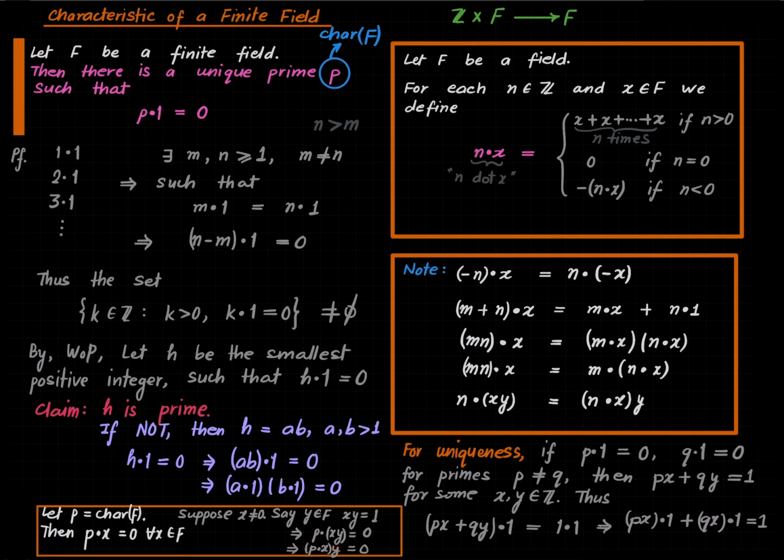To be very formal, if you multiply this equation by y inverse on both sides, or said another way, you are multiplying this equation by x on both sides because the inverse of y is x. So you get p dot x is 0. But anyway, in a field, if the product of two elements is 0, then one of them has to be 0 and here y is non-zero. So p dot x has to be 0. So anyway, this is a simple fact. And with this in hand, let us proceed.